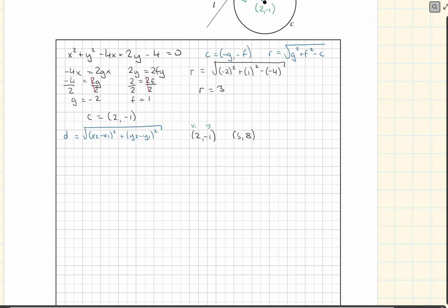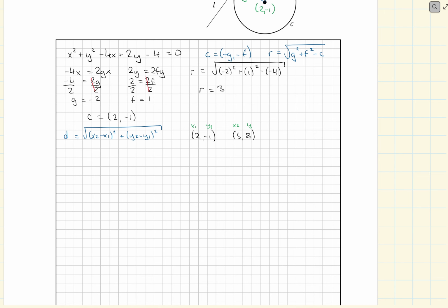We have x1, y1, x2, y2, so the distance will be 5 minus 2 squared plus 8 minus minus 1 squared. All into the calculator and just watch your signs. Square root of 5 minus 2 squared plus 8 minus minus 1 squared will give me back 3 root 10.